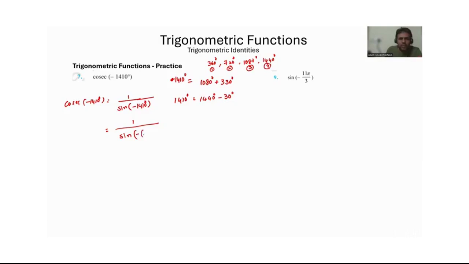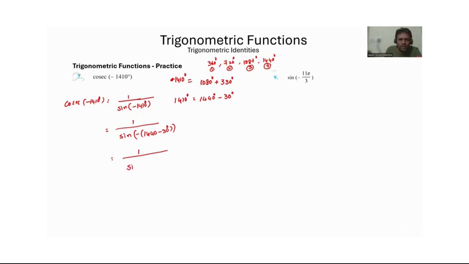Let's keep the minus value as is. Write this 1410 as 1440 minus 30. Now 1440 is four revolutions, right? Four revolutions means sine of 1440 minus theta is also sine of minus theta.